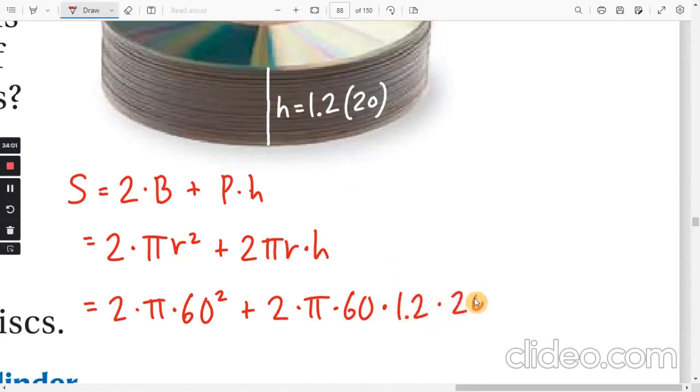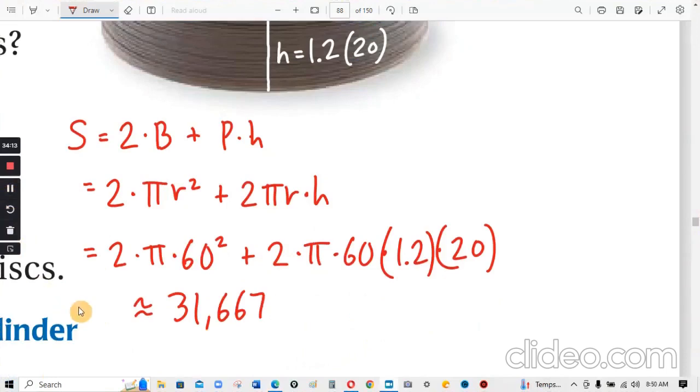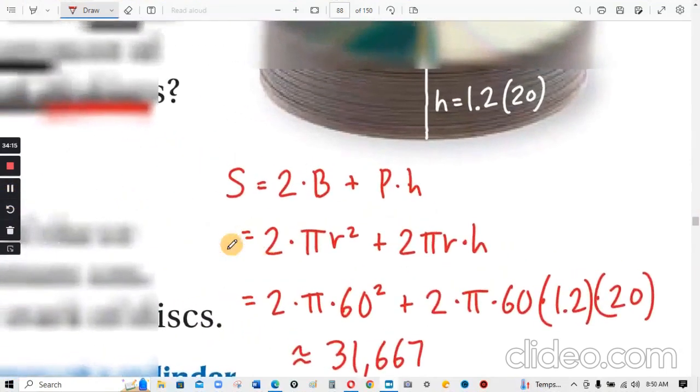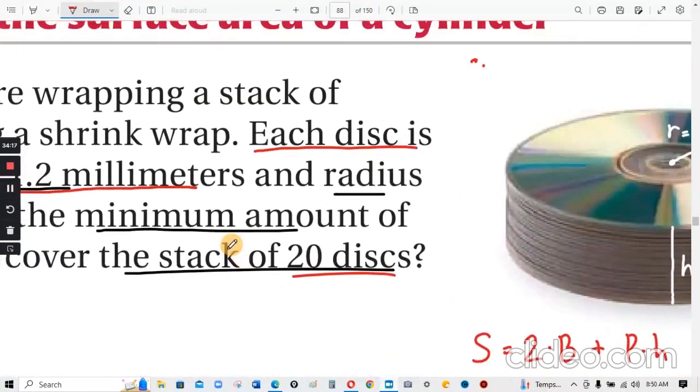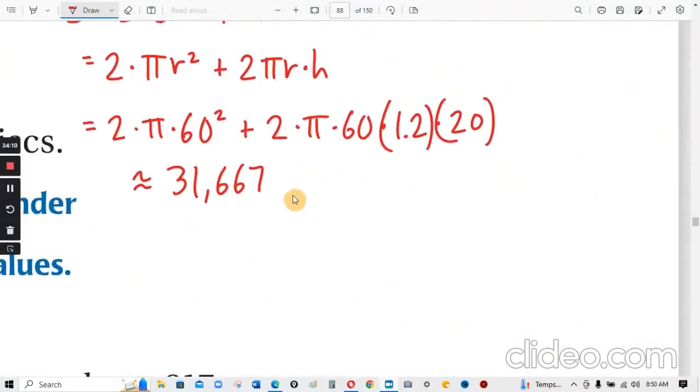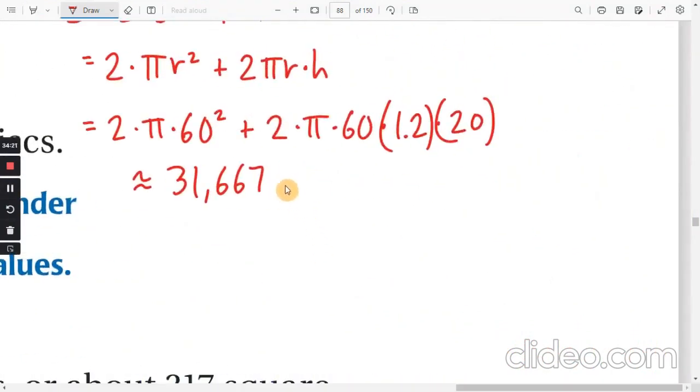All right, I'm going to use parentheses so we're not confused. I'm going to do the whole thing on the calculator and round to the nearest whole number. Rounding off, I get 31,667, and the units were in millimeters. So this is going to be in millimeters squared.